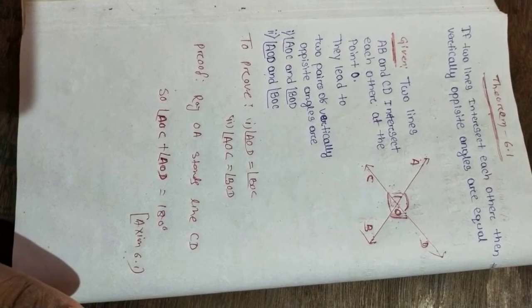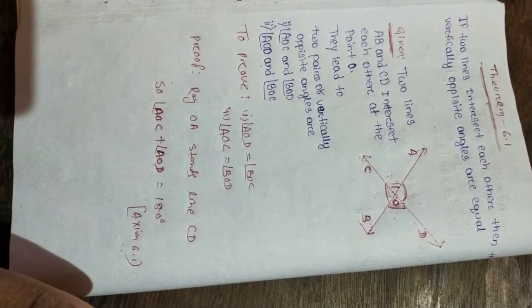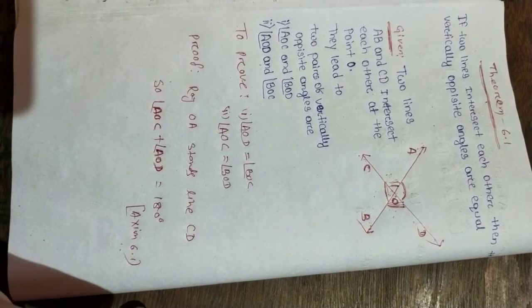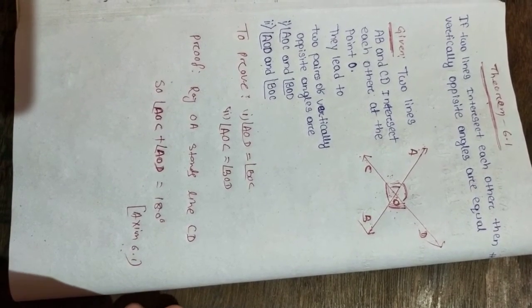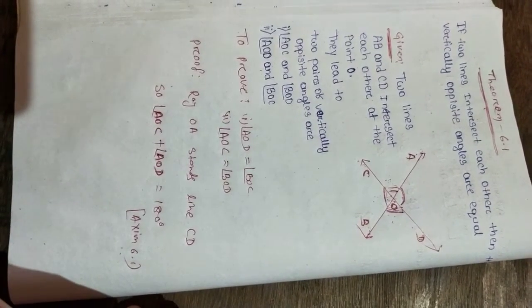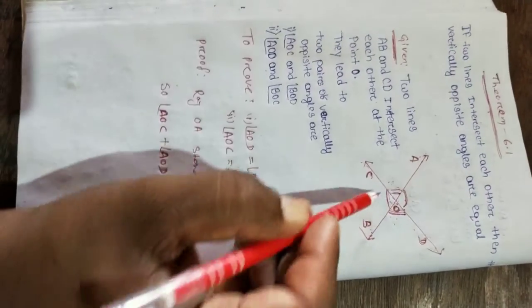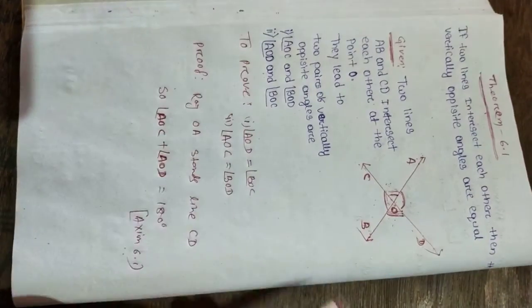Axiom 6.1 says that if a ray stands on a line, then the sum of the two adjacent angles formed is 180 degrees. This is axiom 6.1.